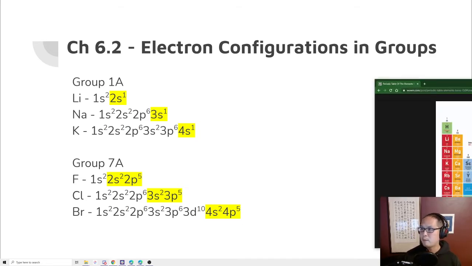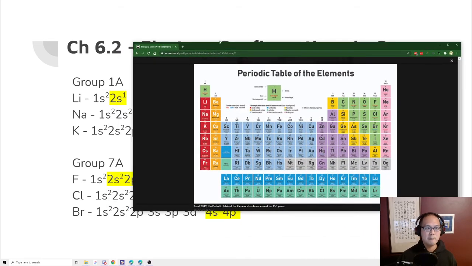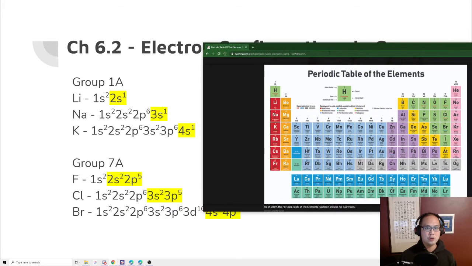Okay, so it's following the pattern. And if you take a look at the periodic table again, lithium ends in 1s2, 2s1. Lithium is in row 2, ends in 2s1. Sodium's in row 3, it ends in 3s1. Potassium is in row 4, it's 4s1.